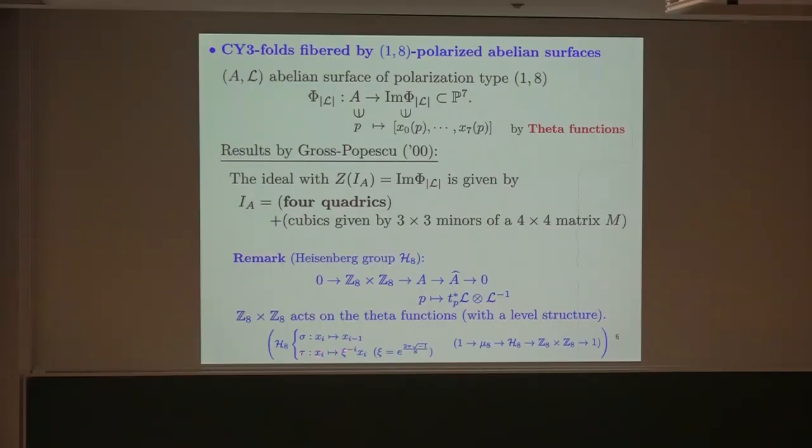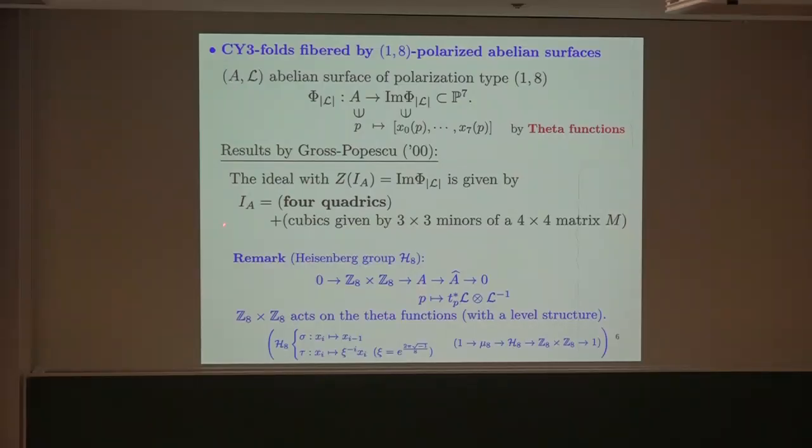Then tau multiplies by a root of unity, such as scaling. So all these shifting properties and scaling properties, if you would like to see them, you can write down the theta functions and how this kernel of translations acts on this space of theta functions. In the case of a torus, this remains useful.